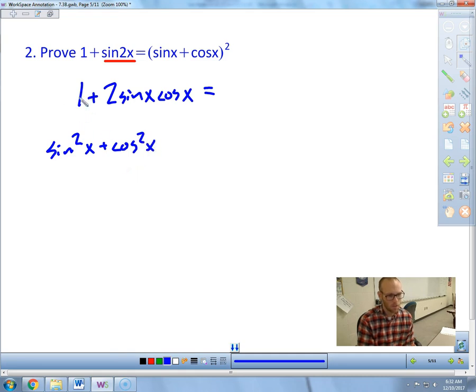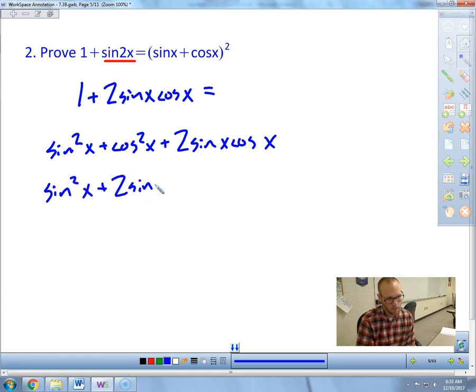Okay, substituting that in using the Pythagorean identity, then realize, okay, if I rewrite it like this, it's a little bit easier to see that this is something that I can factor.